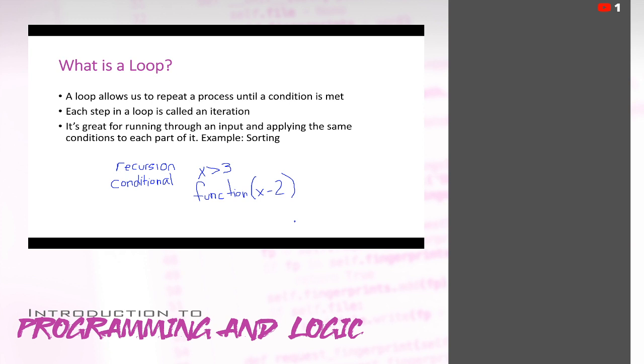So when we're talking about looping here, and we're saying that a loop allows us to repeat a process until a condition is met, that statement on its own should sound very familiar to you. But in contrast to our recursion, where each repetition through the process is a recursive invocation or something of that nature, each step through a loop is called an iteration.